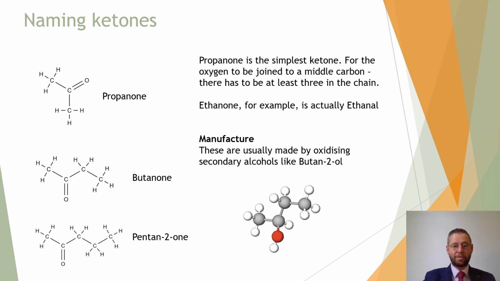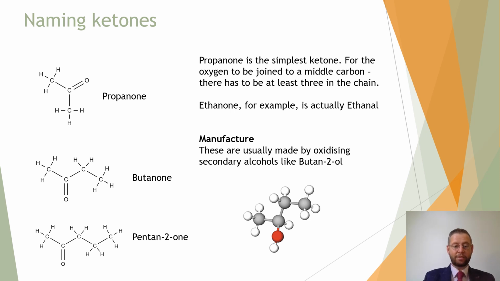The ketones only come into their own when we get to the three-carbon version, propanone, and butanone, and pentanone, which is quite difficult to say. And so, here, you can see all of these, but in the naming convention, if it was attached to the end, it would be like pentan-1-one, but we'd never call it that, because if it was attached to the end, it would no longer be a ketone, it would be an aldehyde.